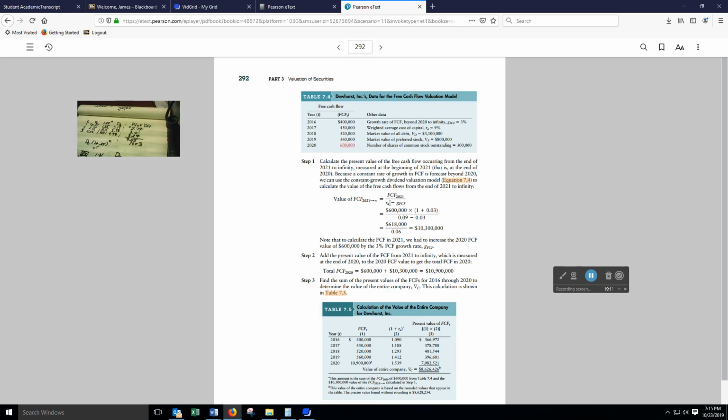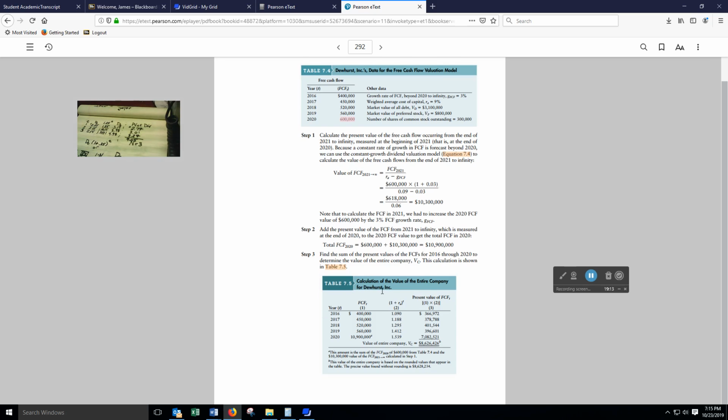There's really no difference. They combined a step here when they added the year 5 free cash flow to the present value of the rest of the free cash flows from year 6 to infinity, calculated as a present value in year 5. So they combined those steps to get this number down here. That to some degree makes the calculation a little easier.